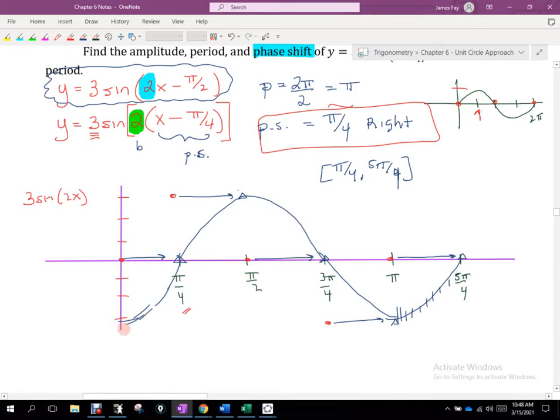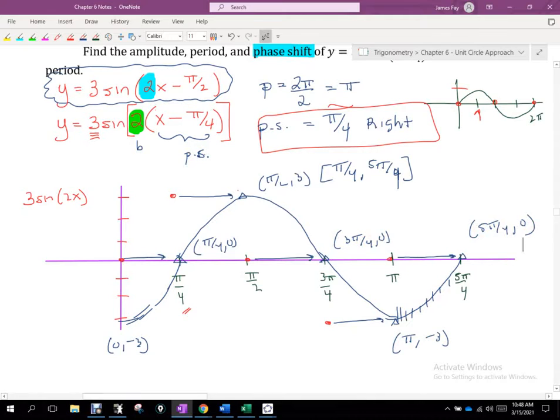Now I'm going to put these points. So this would be (0, -3), (pi over 4, 0), (pi over 2, 3), (3 pi over 4, 0), (pi, -3), (5 pi over 4, 0).